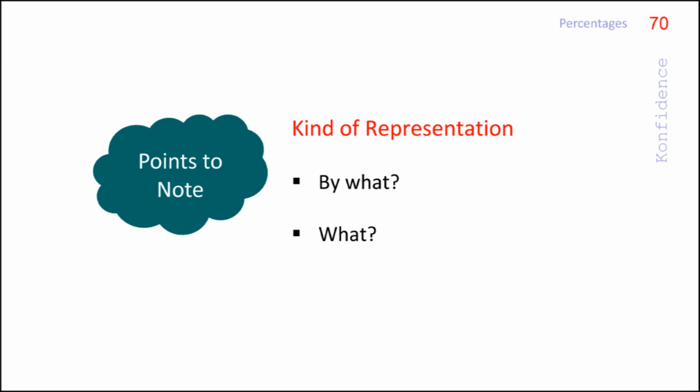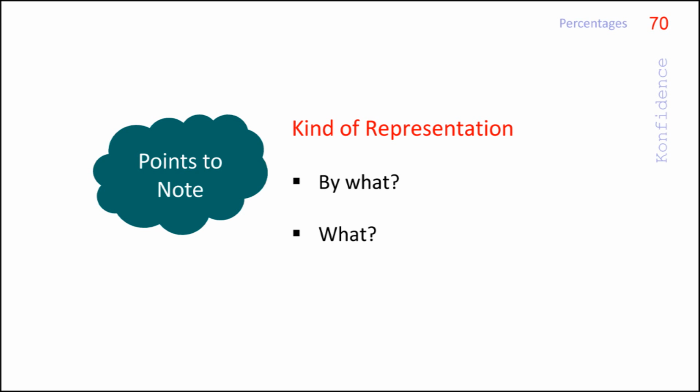Look carefully at the kind of representation in the questions. The two forms are "by what" and "what". The kind and representation of the questions is very important, and you have to read the questions carefully before answering the questions.